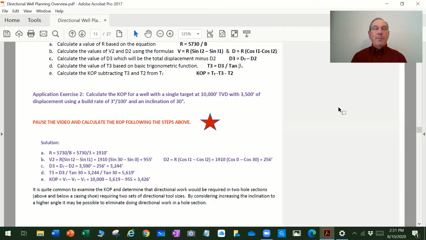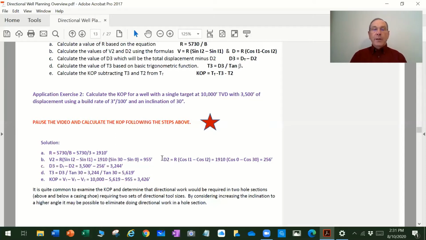Then in step B, we can calculate the vertical distance and the displacement that occurs while we're building angle. We plug into the two equations that we have in B above, and we get that the vertical distance while we're building angle is the radius times the difference in the sines, which is 955 feet.